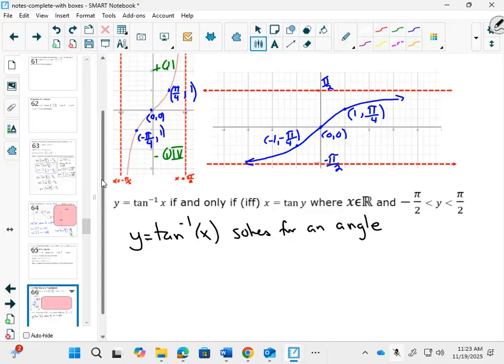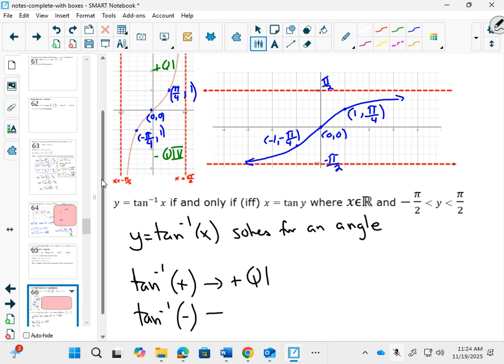And so if we have tan inverse of a positive value, we will get a positive answer in quadrant 1. And if we have tan inverse of a negative value, we will get a negative angle in quadrant 4.